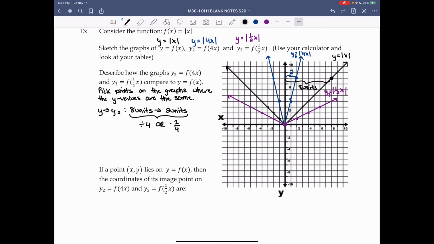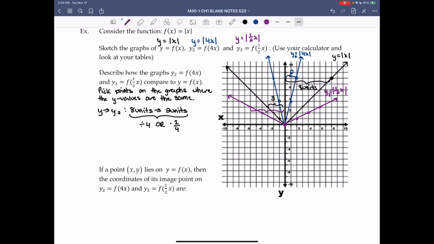And then let's look at points on y and y3 that have the same y value. Let's look at when y equals 3, and we'll look over here on the negative side. When y equals 3 on the original function, x equals negative 3. So this is 3 units away from the y-axis. And then for the graph y3, when y is equal to 3, x is equal to negative 6.